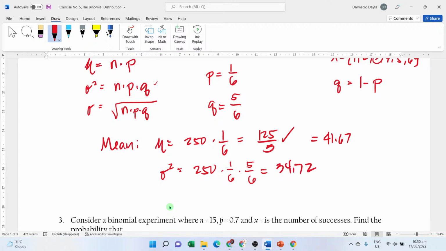In fraction, that will be 125 times 5, 375 over 80. No. Over 80. And then, for the standard deviation, you just get the square root of the answer.